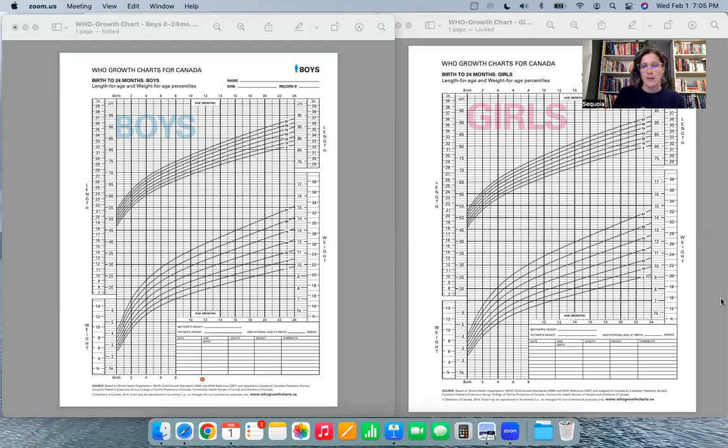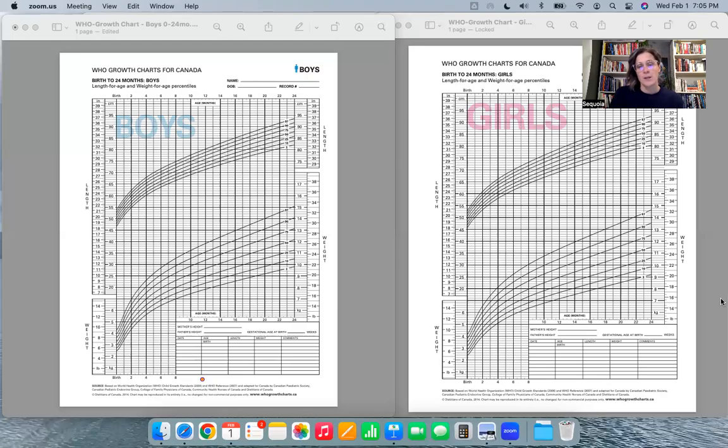Usually we will use the birth curve as the standard, but there are certain situations where that birth curve can be an over or an underestimation. For example, if there was a lot of fluids during delivery, like mom was on IV for a long time, sometimes you'll see that birth weight is exaggerated a little bit, so they might drop a little bit from that birth curve.